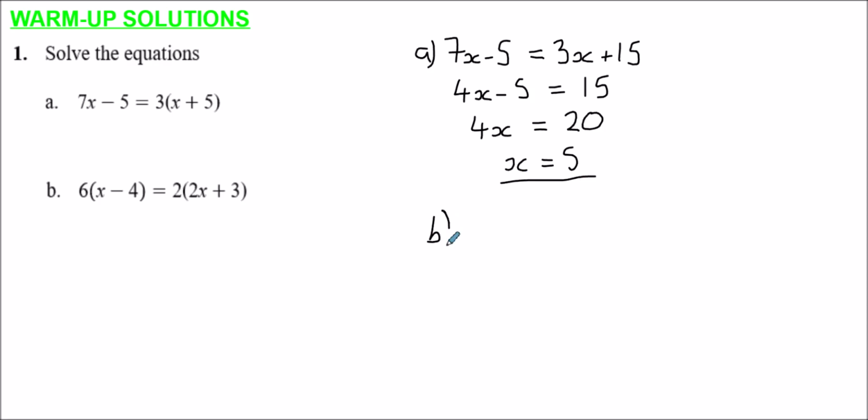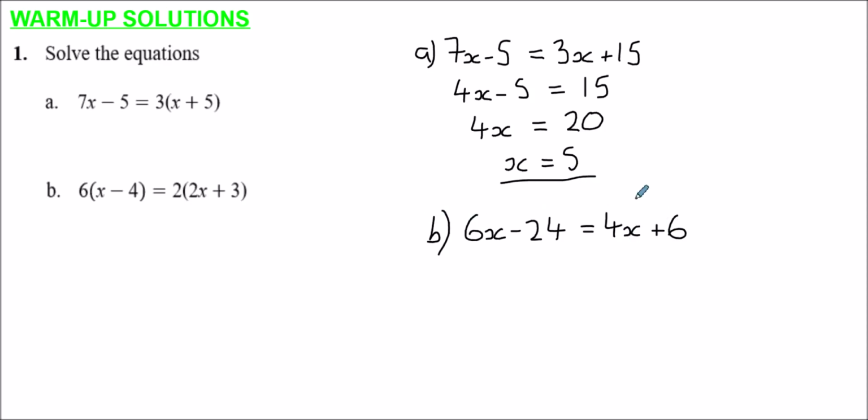For part B, again in a similar way, just expand the brackets out to begin with. So 6 times x gives us 6x, and 6 times minus 4 is minus 24. And that's going to equal 2 times 2x, which is 4x, plus 2 multiplied by 3, which is 6. Once again, bring all the variables to one side, so get all the x's together.